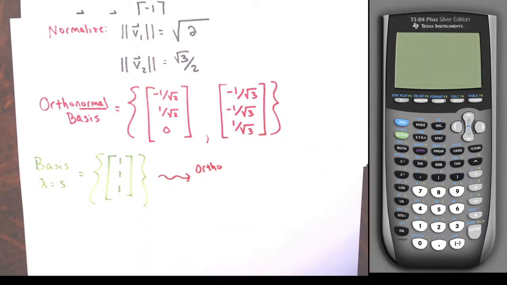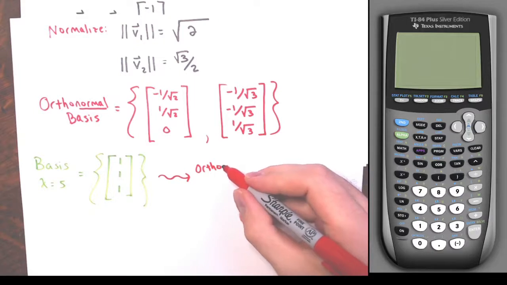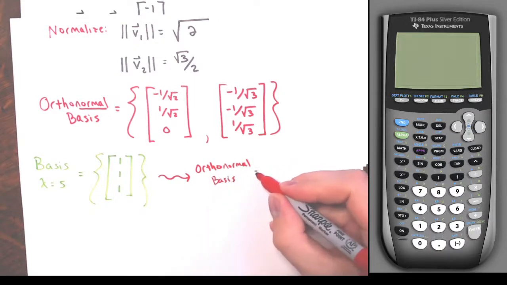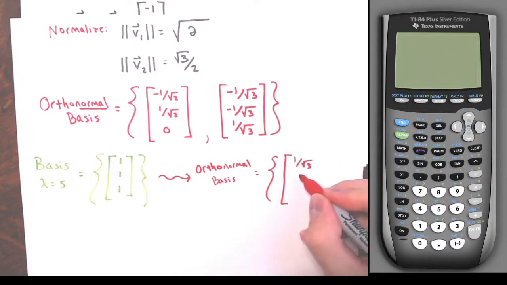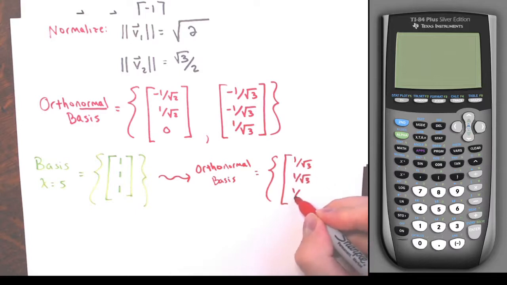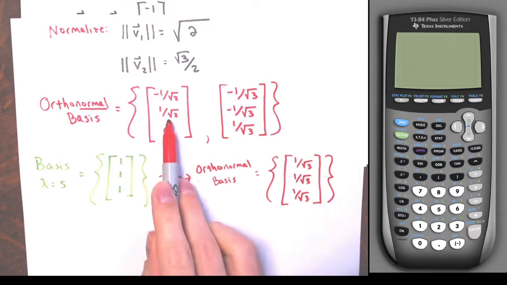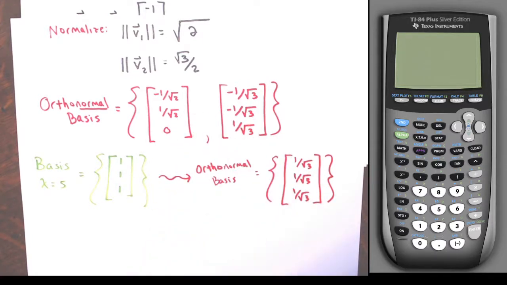I use orthonormal loosely here with just a single vector, but we get a basis with a unit vector: 1 over the square root of 3, 1 over the square root of 3, 1 over the square root of 3. So these three will be the columns of that matrix P that orthogonally diagonalizes matrix A.